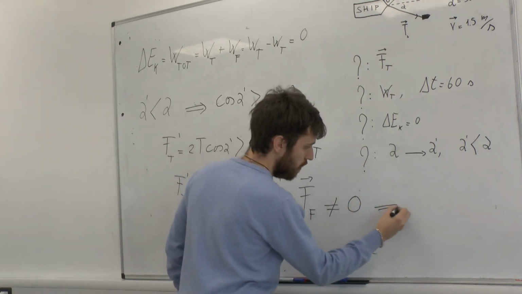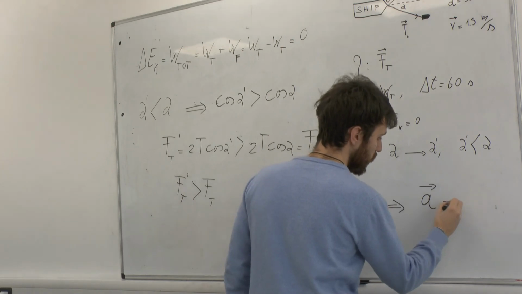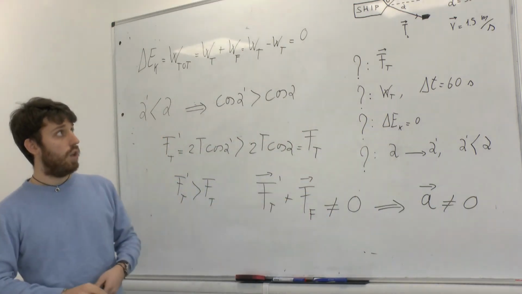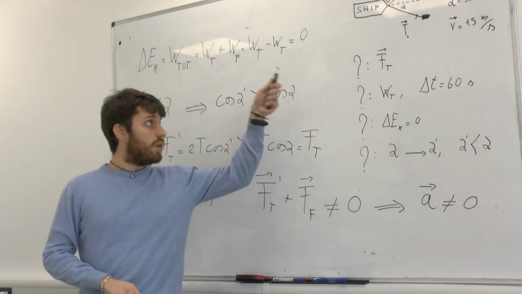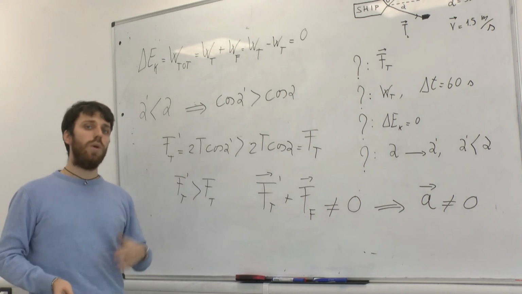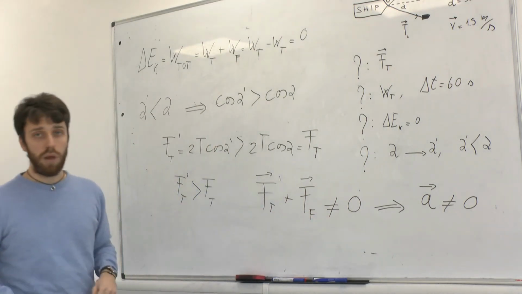This means that the acceleration acting on the ship is not null, and in this case there is a positive acceleration, so the ship is increasing its velocity, at least until the frictional force counterbalances the pulling force again.